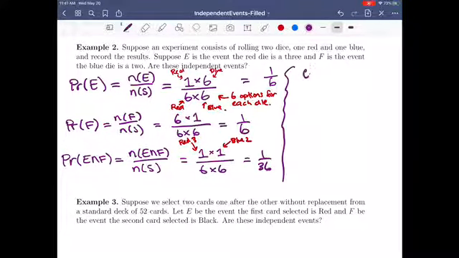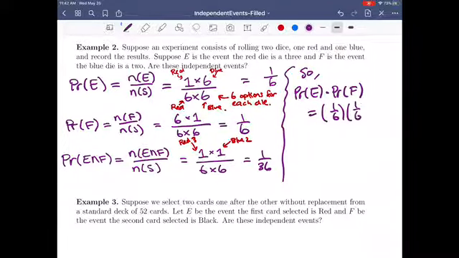Now what we're going to do is check. If I take the probability of E and multiply by the probability of F, that's 1 over 6 times 1 over 6. I get 1 over 36 because we multiply straight across, which is the probability that I computed for the intersection.